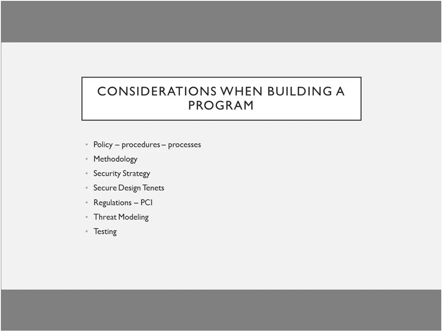You've got to have a security strategy in place. You really have to think about the mission and the goals and what you're trying to do there. A lot of things that help the developers in application security programs is having design tenets, teaching them about the regulations, and I've got PCI as one of the examples there, but there's numerous.